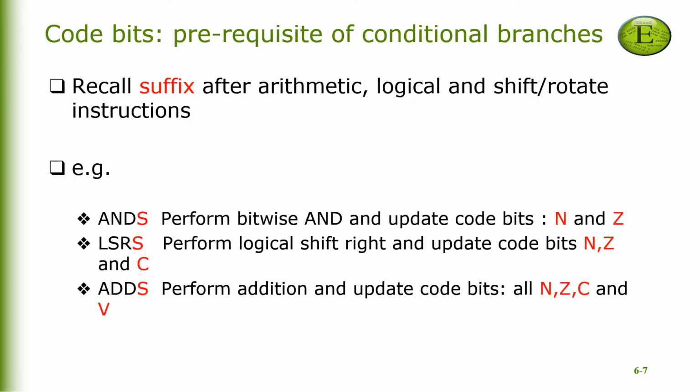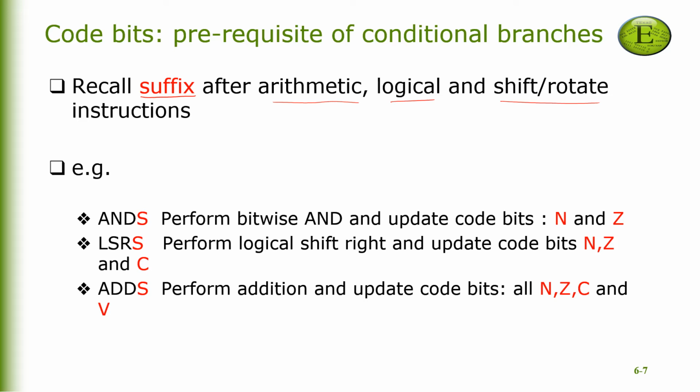We're now going to move on to describe the syntax of the conditional branch instruction. For that, it is important to recall the role of the suffix we appended after the arithmetic, logical, shift or rotate instructions. To help you recall, I give you examples.